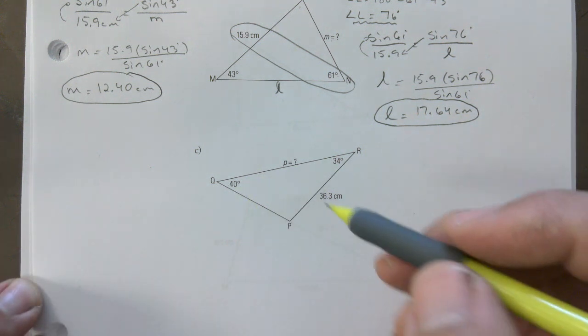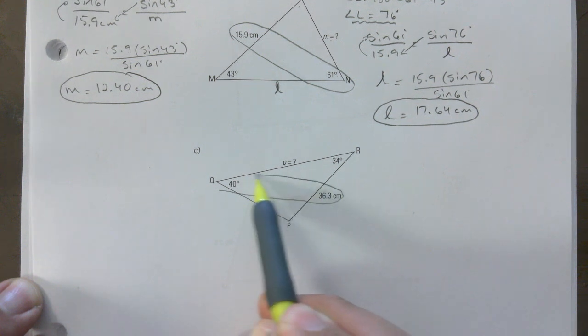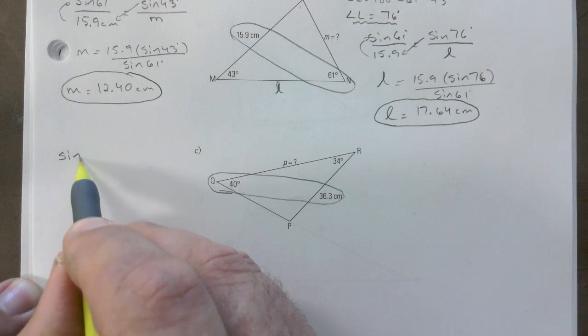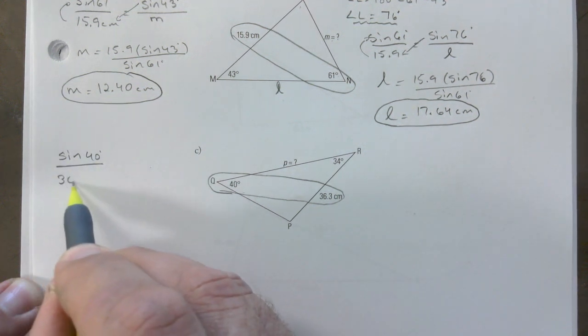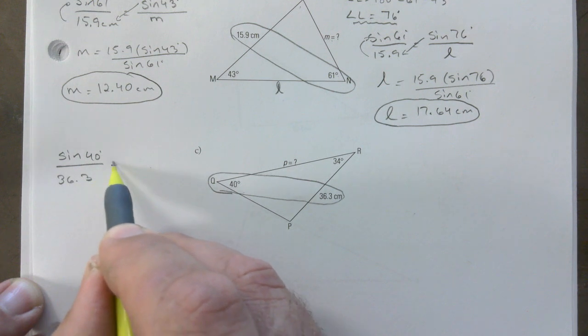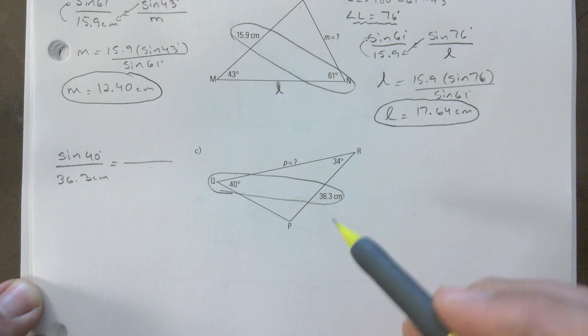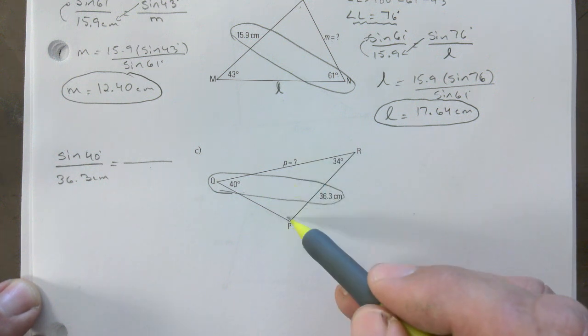Next we have this triangle, and you do have a pair. So immediately you recognize this is a sine law situation. So I'm going to go sine of 40 over 36.3. Let's put centimeters down so we know that's a side length. Can I find lowercase p as is?